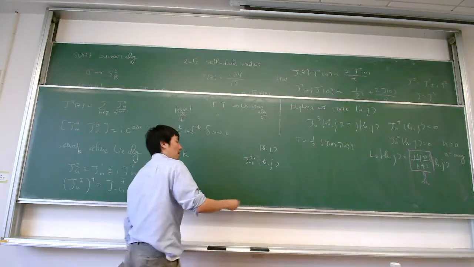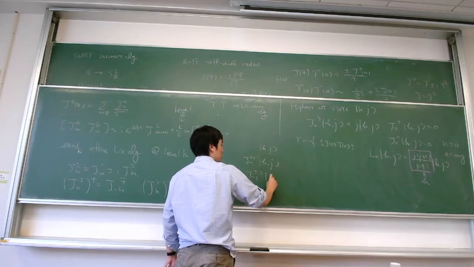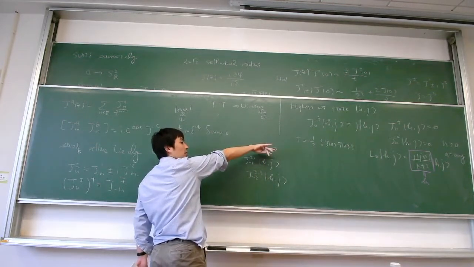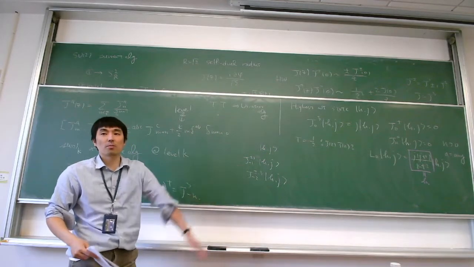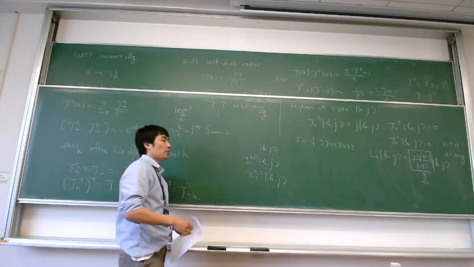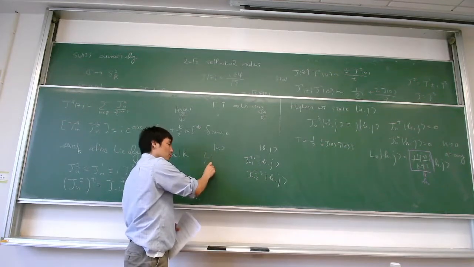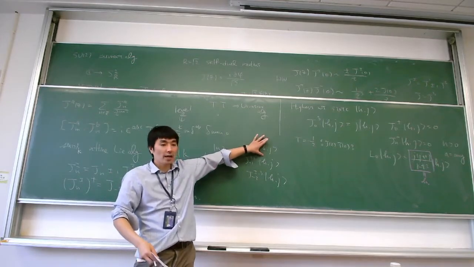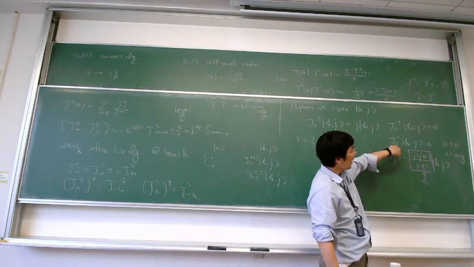So you start with the highest weight state and act with the creation operators to get the representation, the module. It's very similar to what happens in the Virasoro module: you start with h and act with L minus 1, L minus 2, and so on to get the Virasoro module. The similar thing happens here. You start with the highest weight state that is annihilated by the annihilation modes, where n is greater than 0.